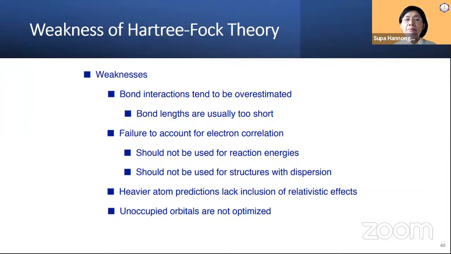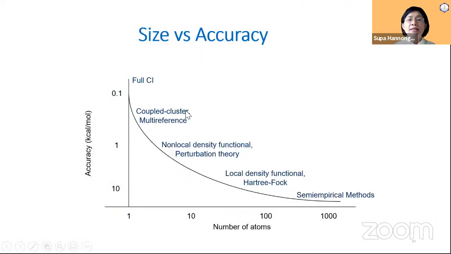So you can see that based on these weaknesses, the methods to solve the Schrödinger equation are still developing. After Hartree there are so many methods, as I told you, right? If we have a number of atoms about 10, we can use Hartree, right? Local density Hartree over here about 100.